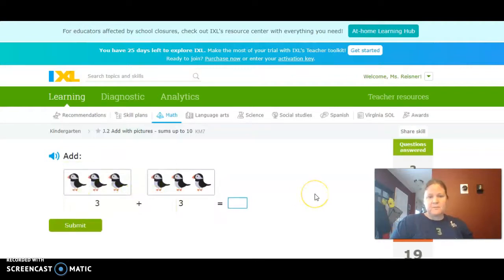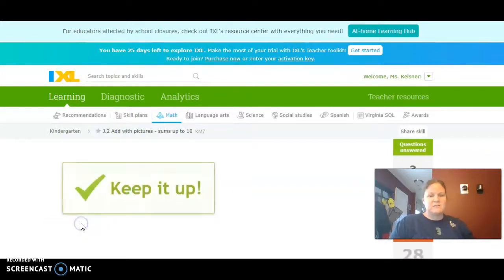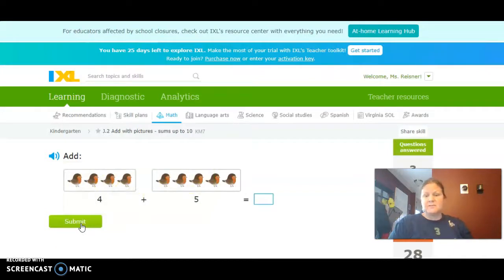All right. 3 plus 3 equals, good, 6 again. It's a different way to make 6. There's lots of ways you can make the same answer, the same sum. Sum is the answer to an addition problem, remember?